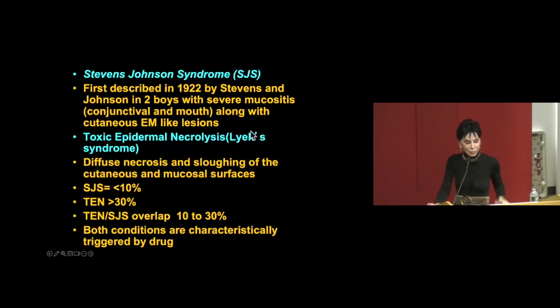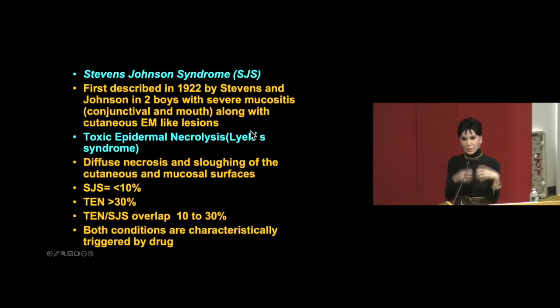And in general, in SJS, the amount of skin involvement is less than 10%, while in toxic epidermal necrolysis, the sloughing of the skin is quite impressive and typically more than 30% of the body surface area. Sometimes you have patients that have a combination of both TEN and SJS.